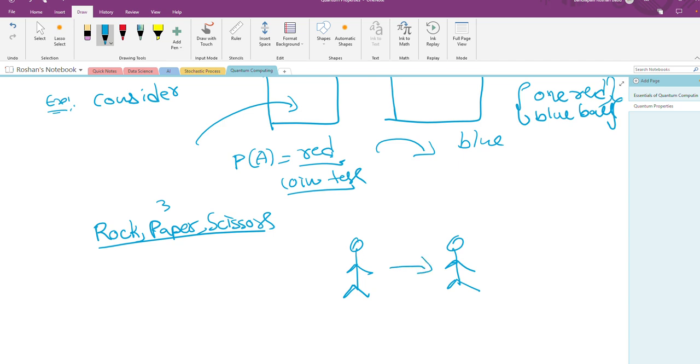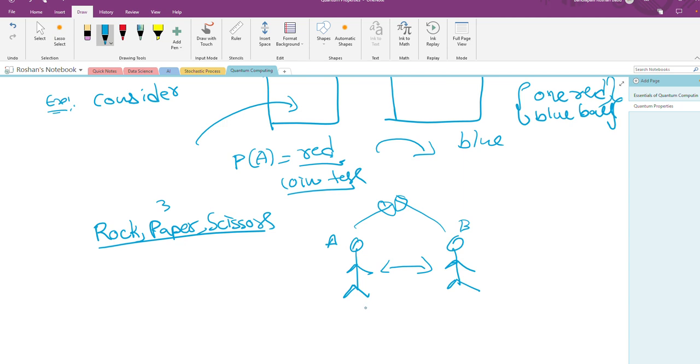It doesn't matter how far apart they are sitting, 5 meters or 10 meters; they both have the same properties. Person A needs to show a symbol, and person B also needs to show a symbol.